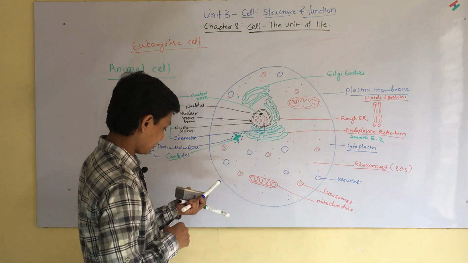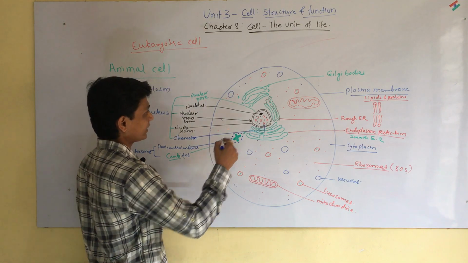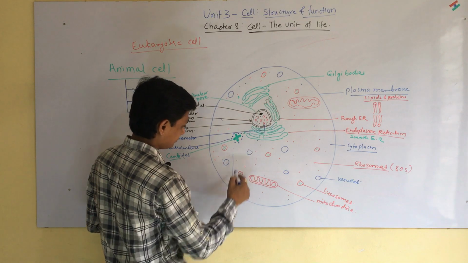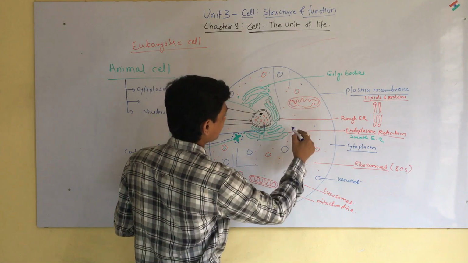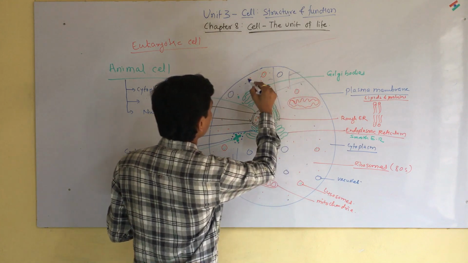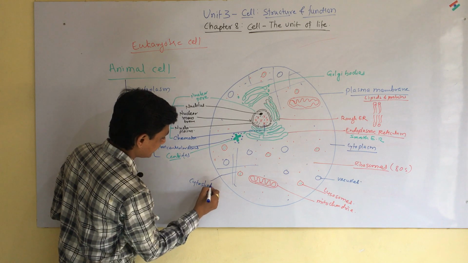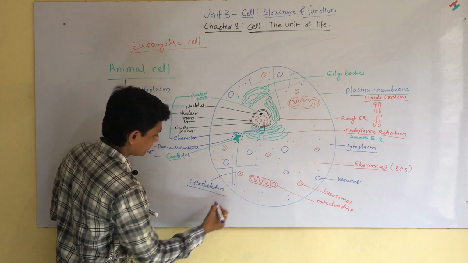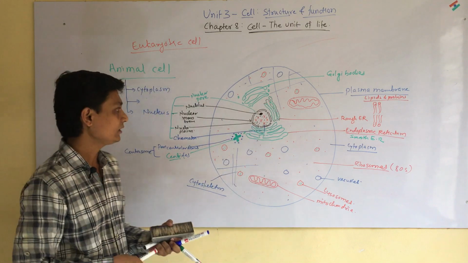Along with this, threads are also present, that is known as cytoskeleton. We will draw this like this, which is present throughout the cell. This is known as cytoskeleton, which gives the mechanical support to each and every part of the cell organelles.